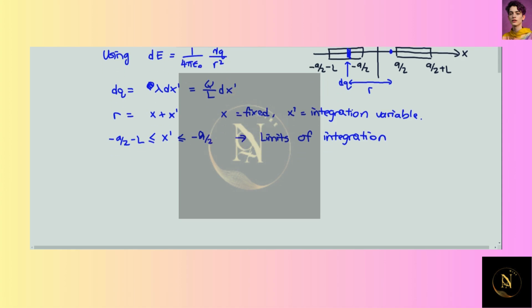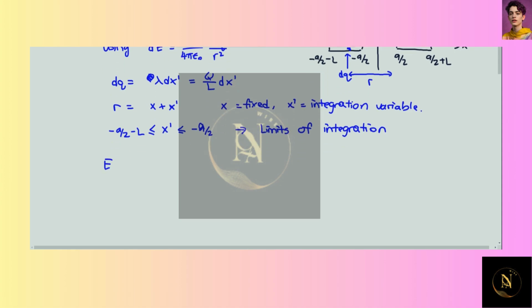Now we can find the electric field due to the left rod along the positive x-axis. We integrate dE, which is 1 over 4 pi epsilon naught times Q over L dx prime divided by x plus x prime squared, with the integration from minus a over 2 minus L to minus a over 2.